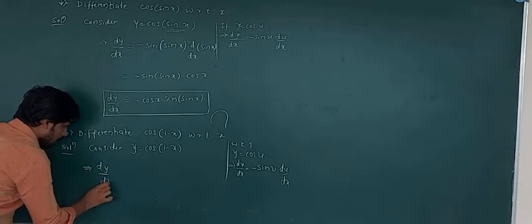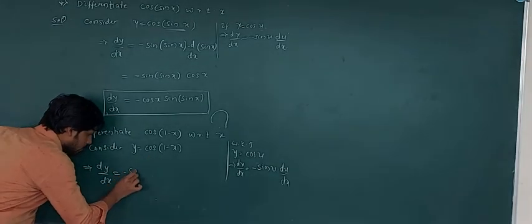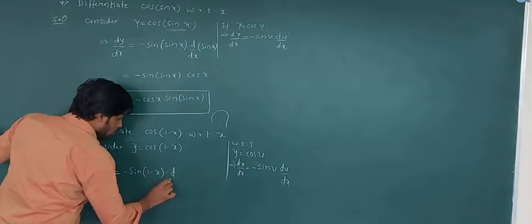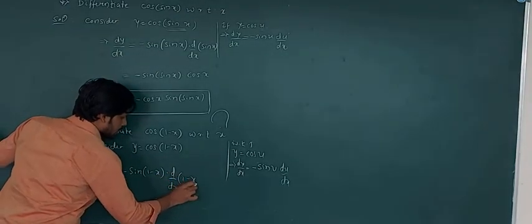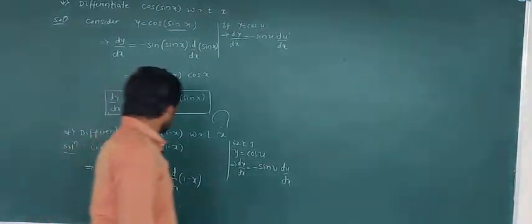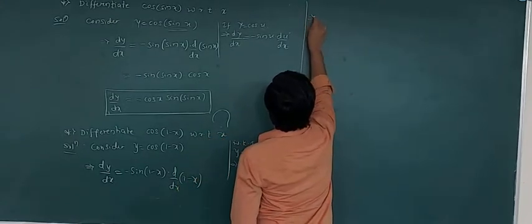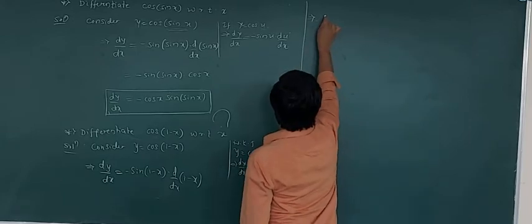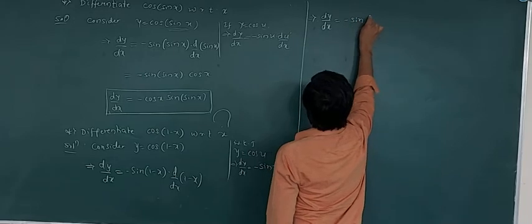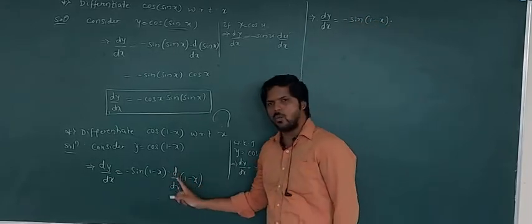dy by dx is equal to, cos differentiation is minus sin 1 minus x. In place of u we have 1 minus x, so therefore d by dx of 1 minus x. So this implies dy by dx is equal to minus sin of 1 minus x into differentiation of 1 minus x.